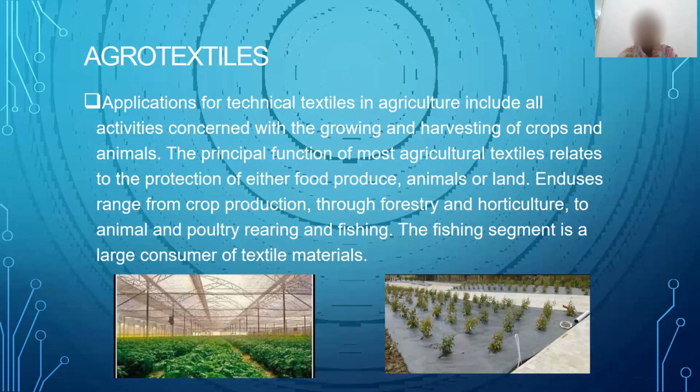And as I told you, the fishing segment consumes a large amount of textile. You can also see in the pictures that plants are planted, and in the first picture the use of textile, and in the second one also the use of textile.